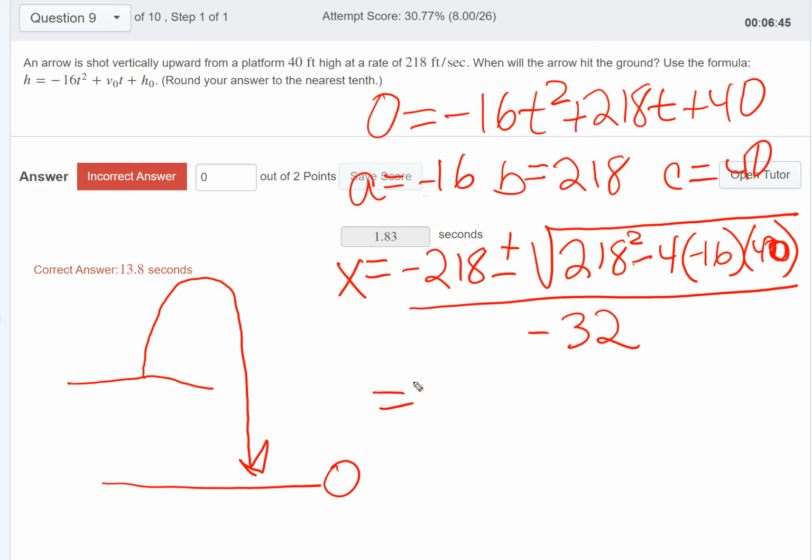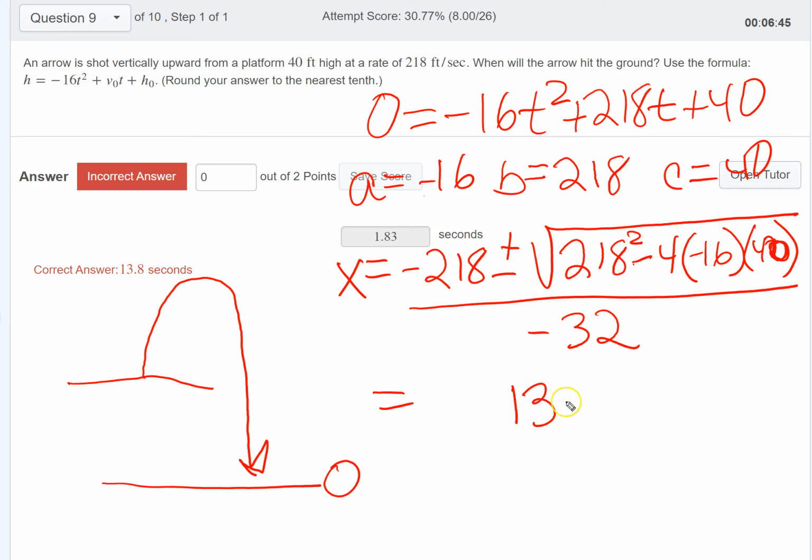Now, when I worked this all out, and it took me a while to do it, I get two answers. One was a negative value, so that's not good. And the other, when I rounded it off, remember that this one is negative and that's negative, so it ends up being positive.